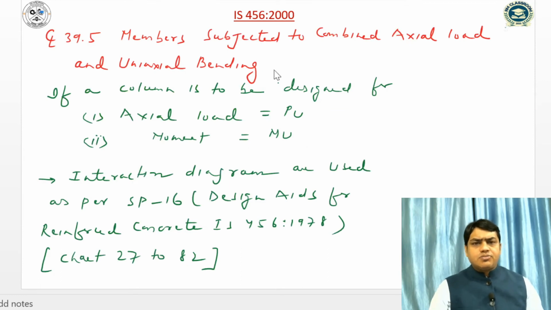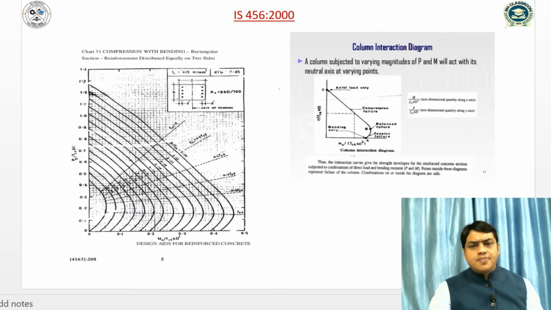Now I am going to discuss the members subjected to combined axial load and uniaxial bending. If a column is to be designed for axial load PU and moment MU, then interaction diagrams are used as per SP16. And what is SP16? It is the code of design aids for reinforced concrete, IS 456-1978. This is the SP16 interaction curve.